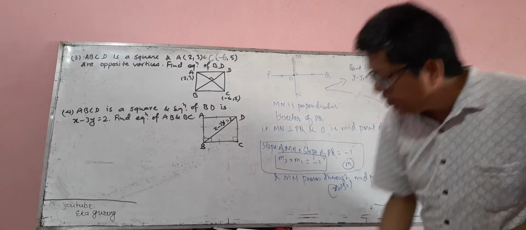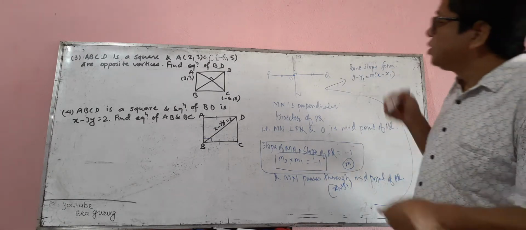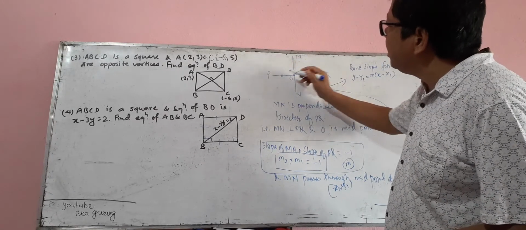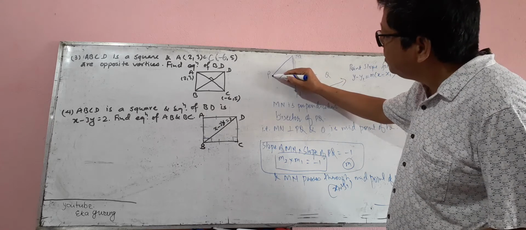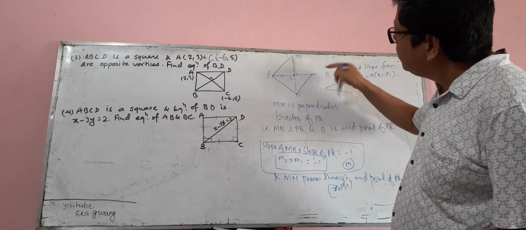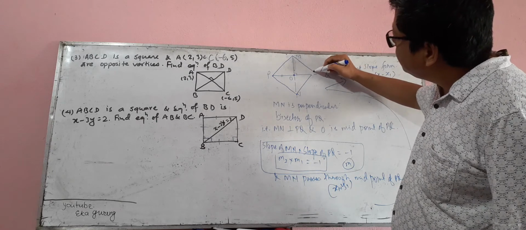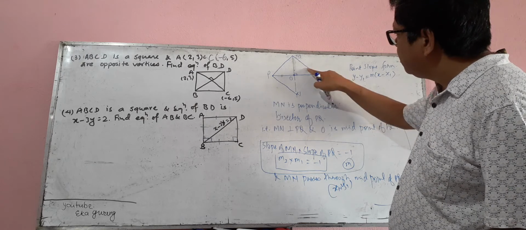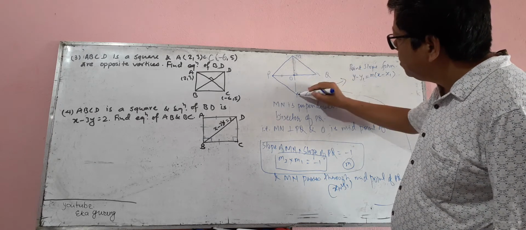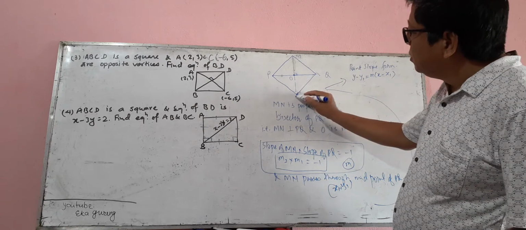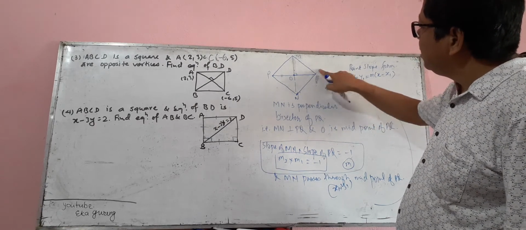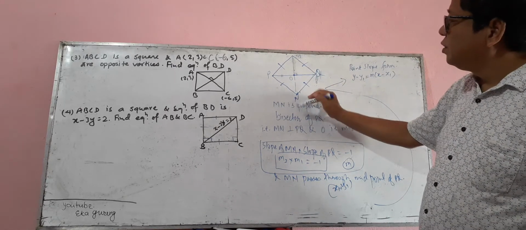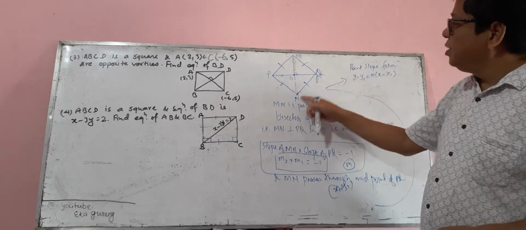So what we see here in the case of a square, let us make it a square. So this is MN and it is PQ. Because it is a square, PMQN is a square.